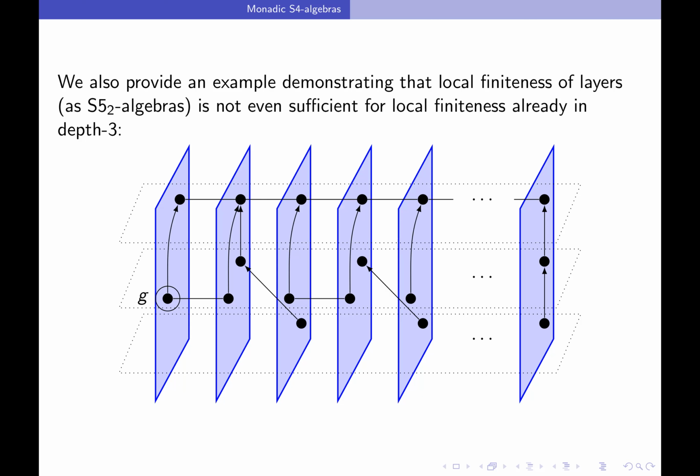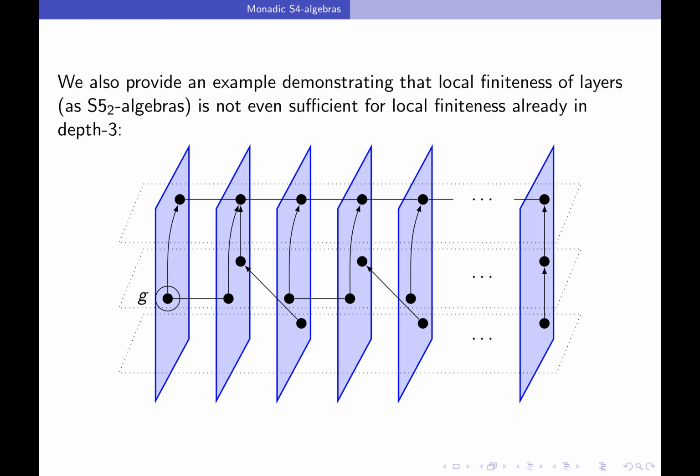This example demonstrates that, because if you look at the top layer, for reasons that I won't go into, each of these layers, if you look only at these dotted rectangles and restrict the equivalence relation to that layer, then what you get in each layer is a locally finite S5(2) algebra. But nevertheless, I can generate an infinite subalgebra in this whole thing just by starting with the singleton G.